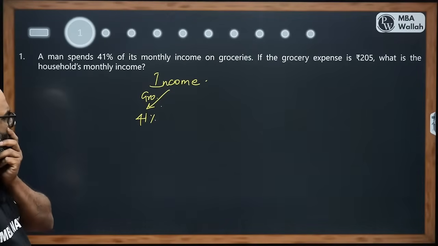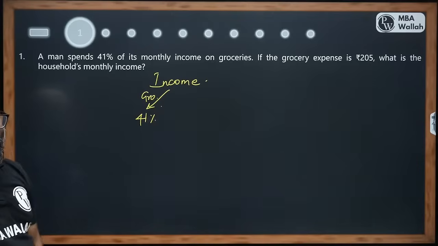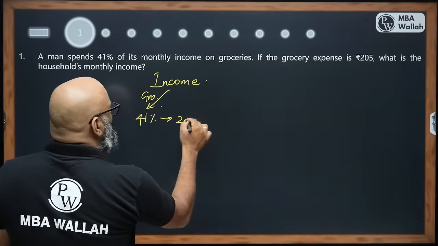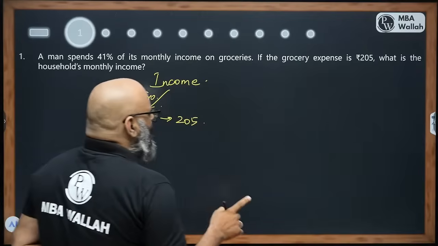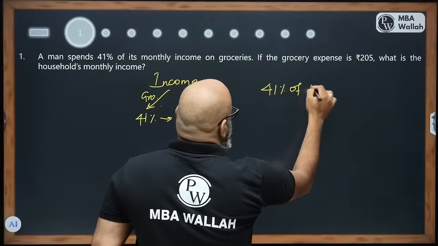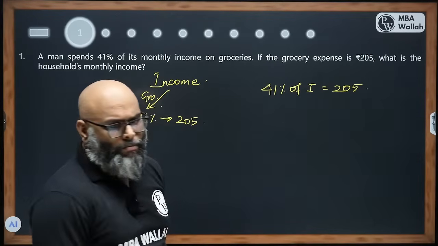Now, what is the question asked? What is the household's monthly income? So can I say this 41% is given as 205? So can I say 41% of income is 205? That's all.